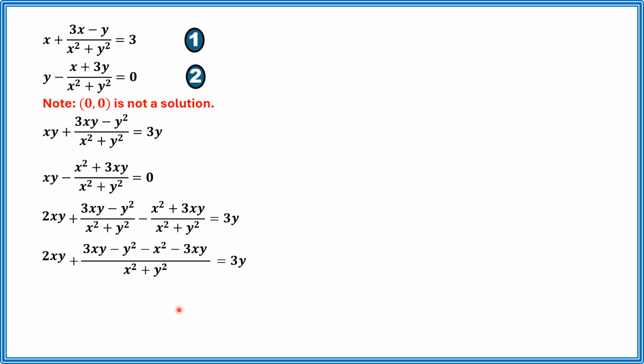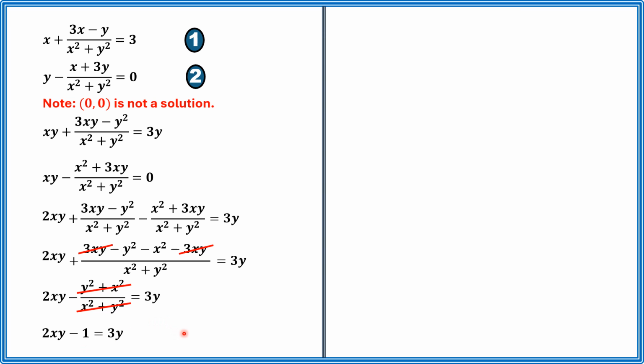From here we can see that 3xy will be cancelled out, and we will have 2xy minus y square plus x square, over x square plus y square, is equal to 3y. Again x square plus y square in numerator and denominator will be cancelled out, and we will get a very simple equation, 2xy minus 1 is equal to 3y.